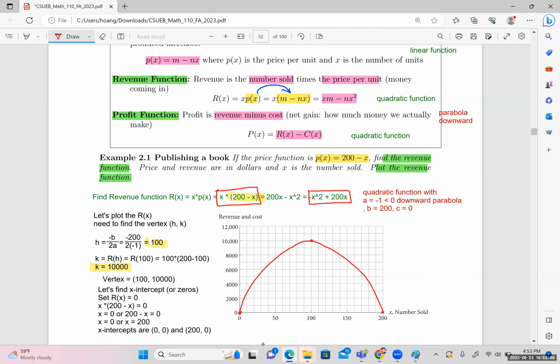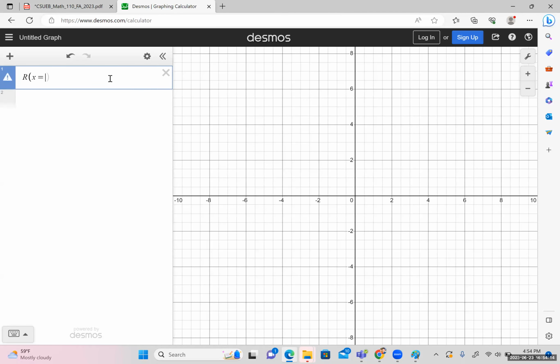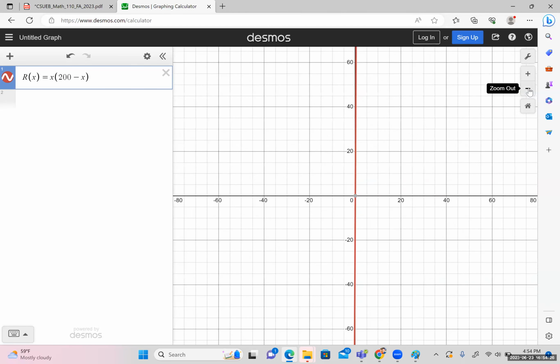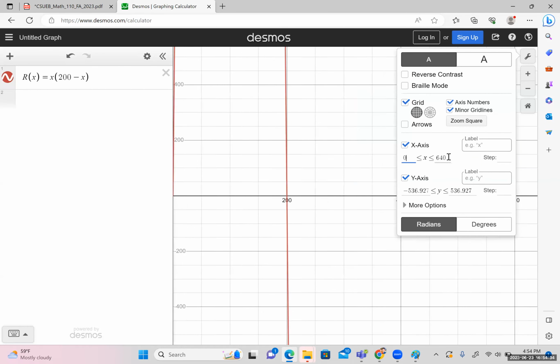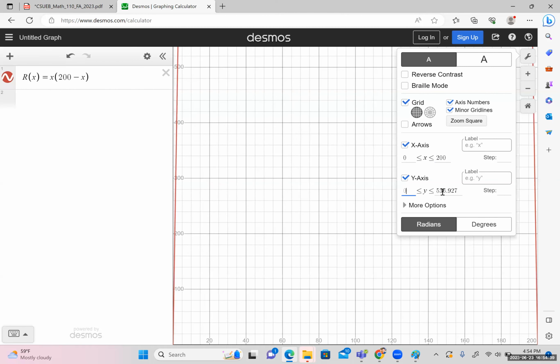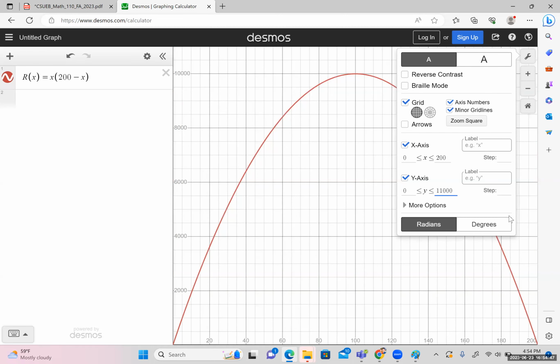You can find some more points by using t-values, maybe find what the revenue at 50 is going to be. We go from 0 to 200 here, and the maximum for y is going to be between 0 and 10,000, maybe 11,000 to make some bounce.